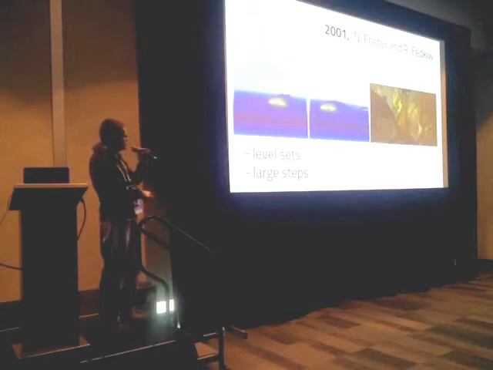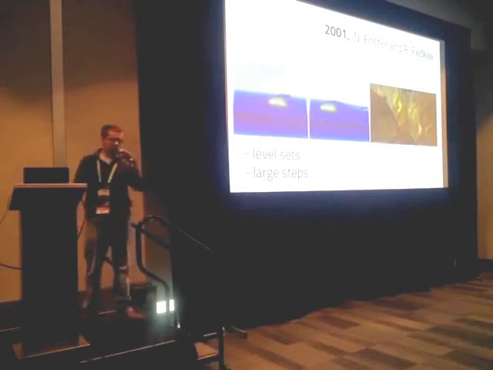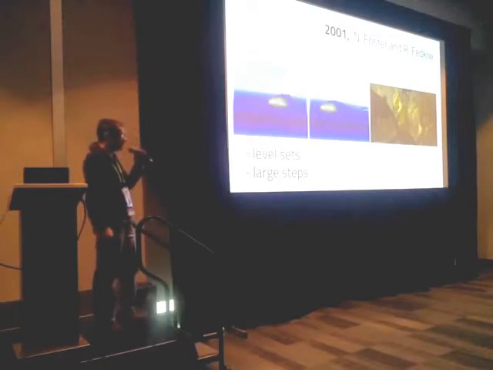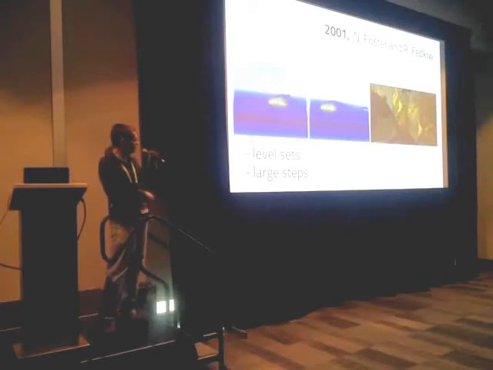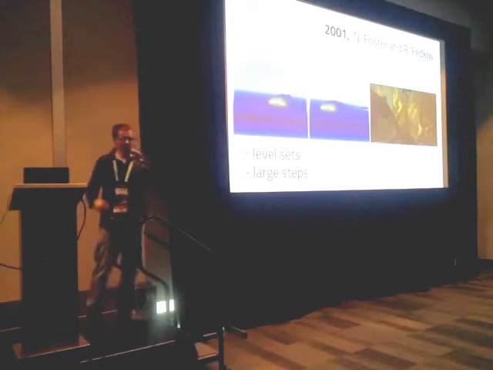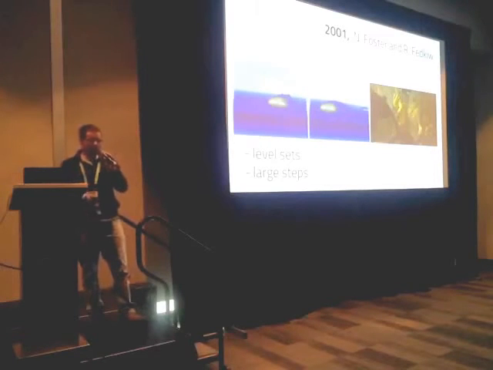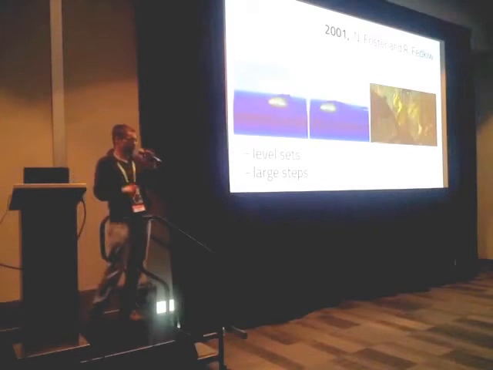They also made some modifications to the solver. Instead of using explicit discrete time steps, they used the so-called backward procedure to get large steps, which basically ruins the accuracy of the solver, but brings it more into applications in computer graphics.